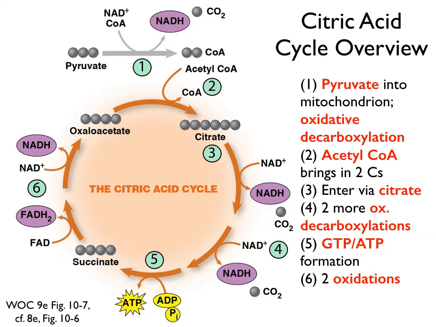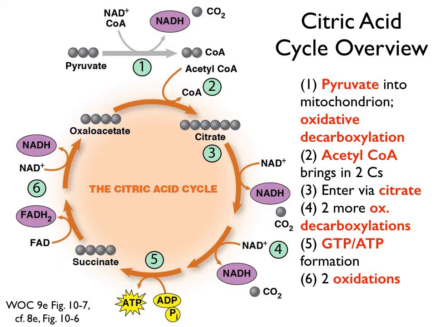Citrate enters the cycle, and 2 more oxidative decarboxylations result in the production of 2 more NADH molecules and the release of 2 CO2s. In addition, as the cycle proceeds, a molecule of ATP is generated via a GTP intermediate.